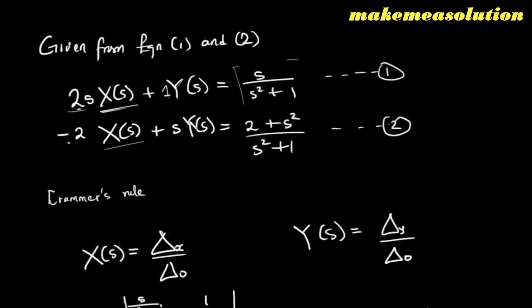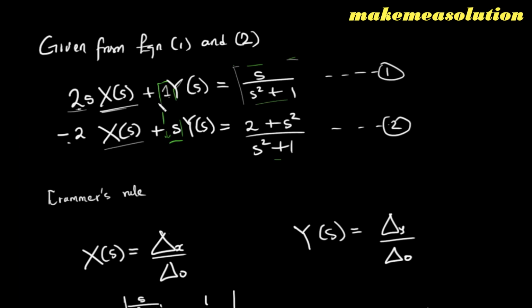To find delta y, you need to replace the coefficients of y on this side with the terms in this equality. The position of x will stay as it is, but the coefficients of y will be replaced by these terms in the respective equations.